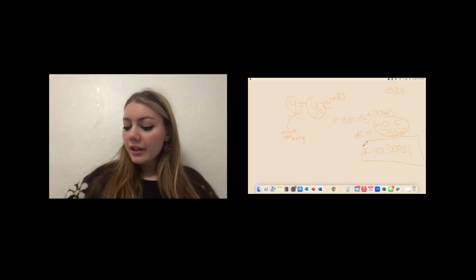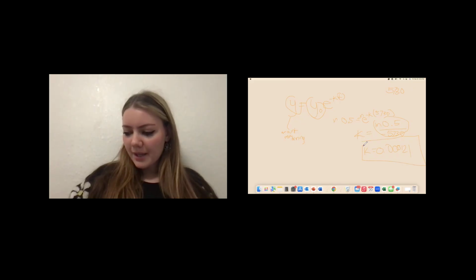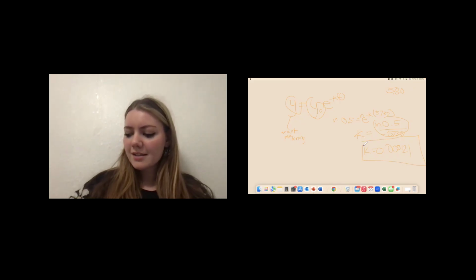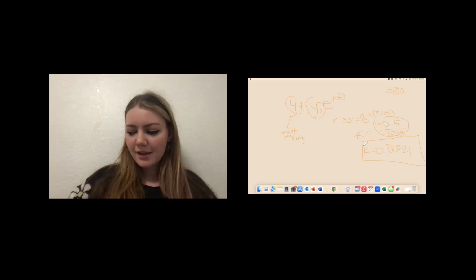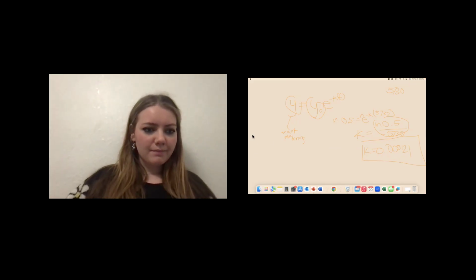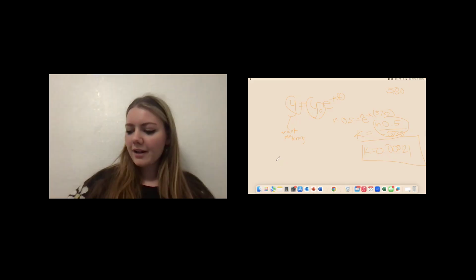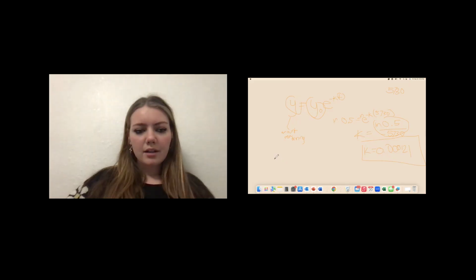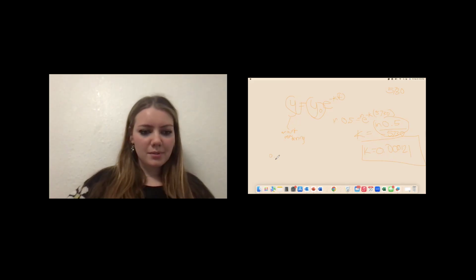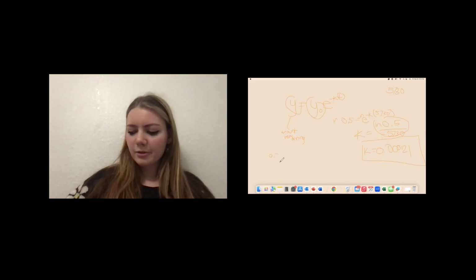It says an archaeologist uncovers human remains at an ancient Roman burial site and finds that 76.6% of the carbon-14 still remains in the bone. How old is the bone? For this one, I can do this one pretty fast. So it was 76.6%, so we're gonna put that in decimal form.